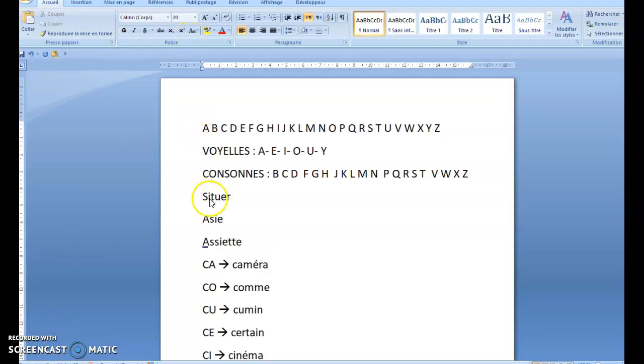So, S at the beginning of the word is always pronounced S. Situé, situation, simultané.